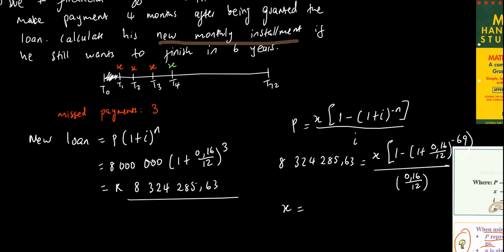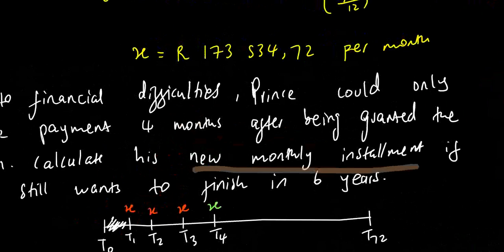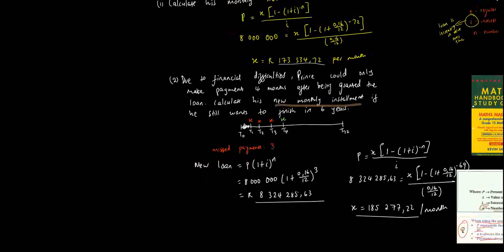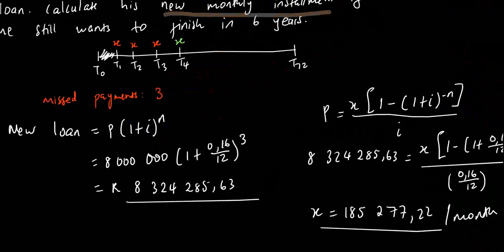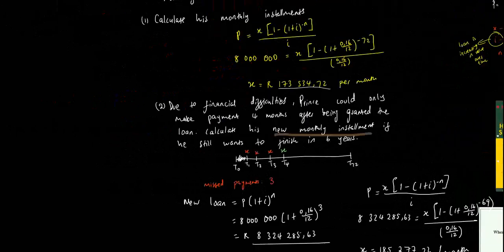I'll be paying 185,277.22. Guys, that's how much I'll be paying now per month. How much was I paying before? Check. Before I was paying 173. But because I missed payments, now I'm paying more. They're punishing me. Now I'm paying 185,000. So guys, everything in life has a consequence.